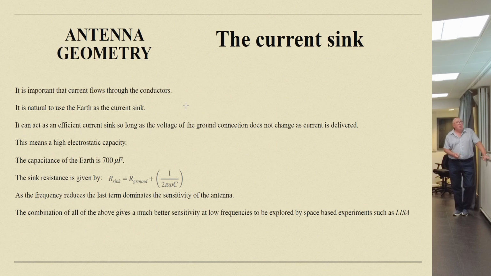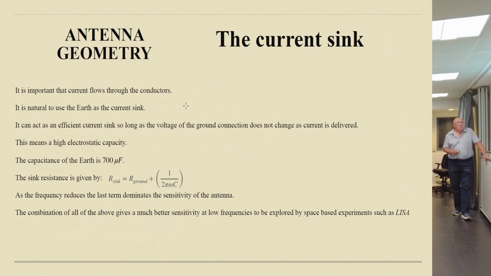It's important that the current flows through the conductors, so it's natural to use the earth as a current sink. It can act as an efficient current sink so long as the voltage of the ground connection does not change as the current is delivered. Normally with the earth that is the case, but you have to stick a big electrode in the ground to make sure.